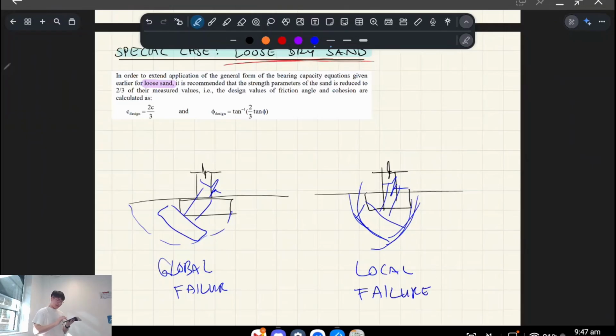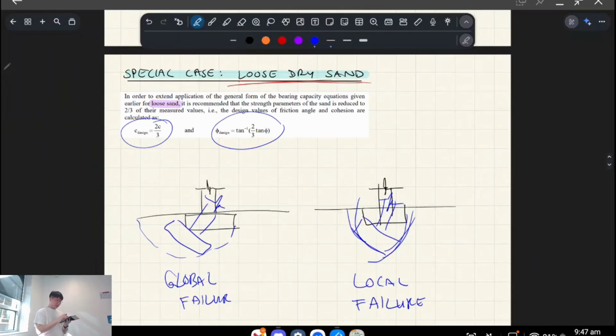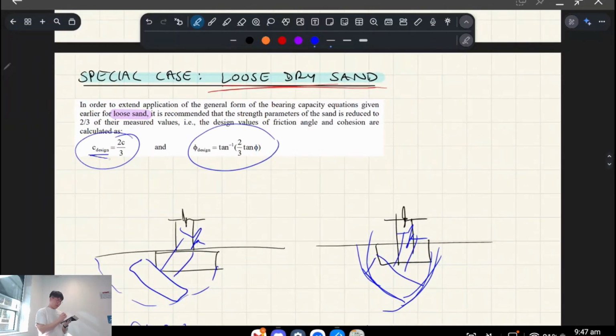So we have to modify our values: we have to reduce our cohesion strength, and we have to reduce our frictional angle, which also subsequently reduces its shear strength. All right, do you guys have any questions?